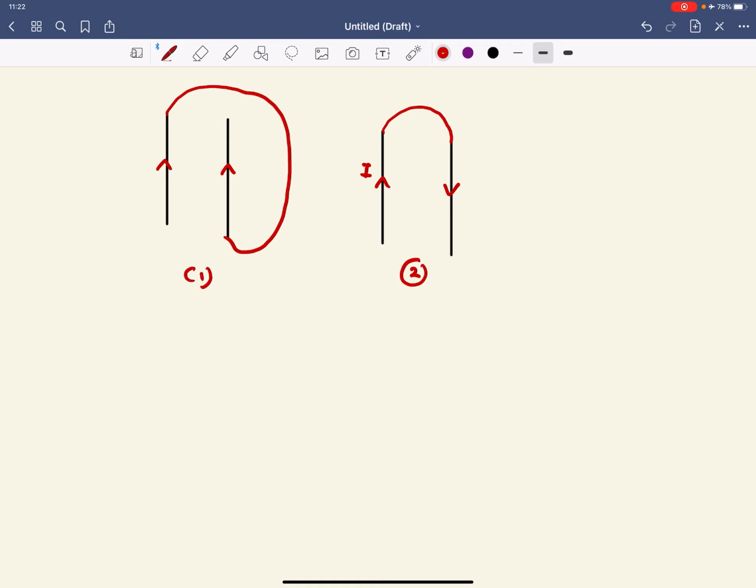What is experimentally measured is that in the first case the force is attractive, so these two wires attract each other, whereas in the second case, where the currents are anti-parallel, the magnetic force is repulsive.